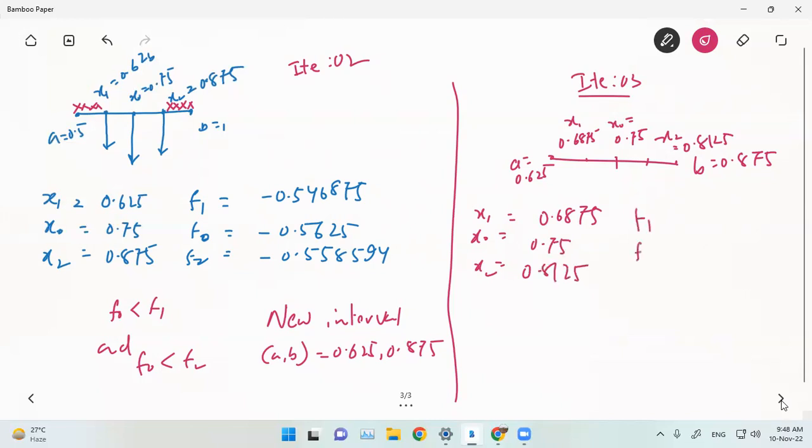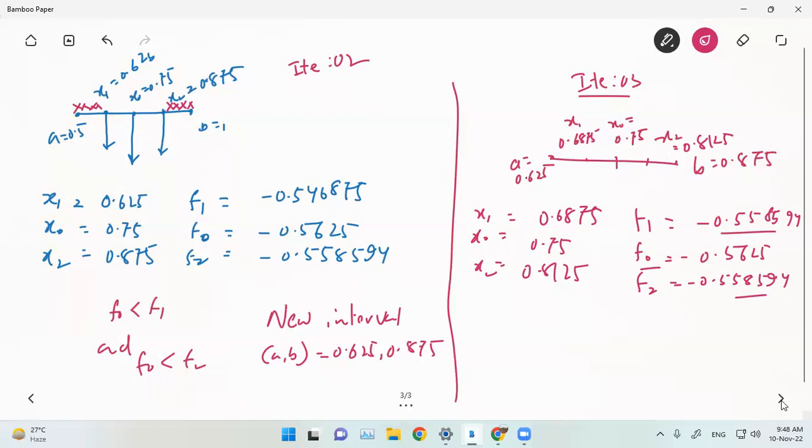The corresponding values f1, f0, and f2 are basically minus 0.5589594, minus 0.5625, and minus 0.558594. So these two are actually equal, so we are at the middle.